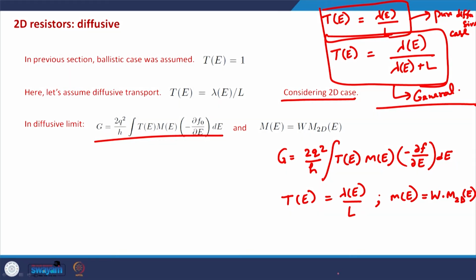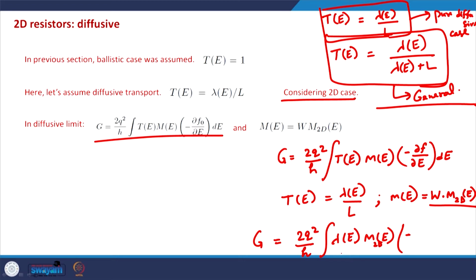Okay. If we put these two expressions in this, the conductance turns out to be 2q squared by h, integral of lambda(E) by L times M(E) times minus del f by del E, and this M(E) can be replaced by W times M2D(E).